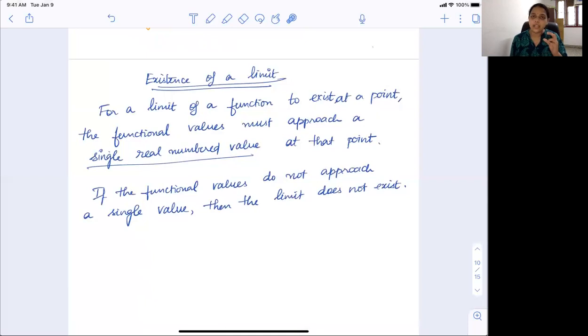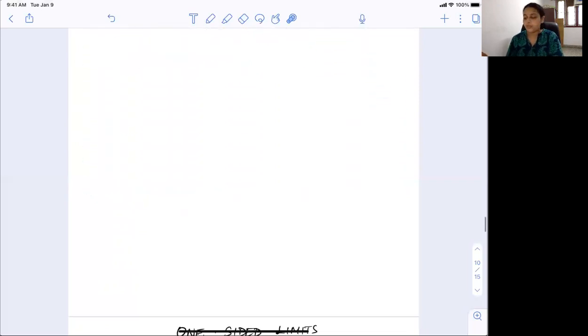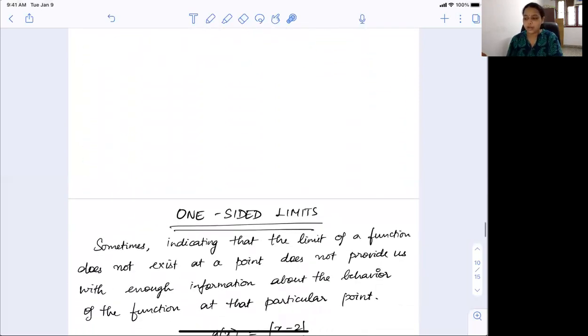The limit needs to be a real number, and for a limit to exist, when you approach the x value from both sides, the function has to approach a single value, and that single value has to be a real number. Only in that case do we speak about the existence of a limit. And that's what we've been doing so far. We've been looking at examples of that sort.